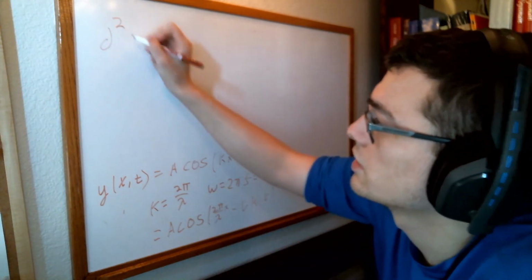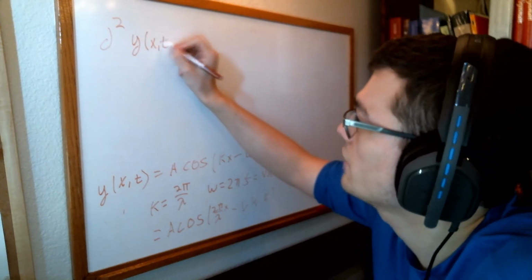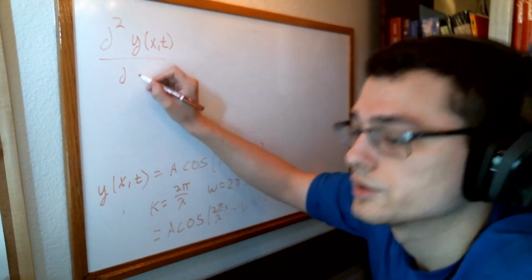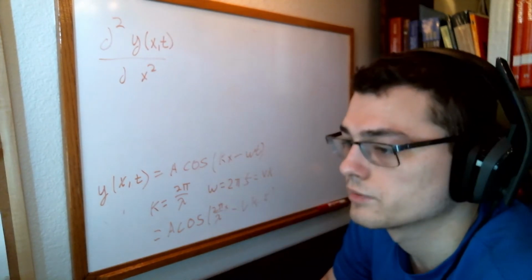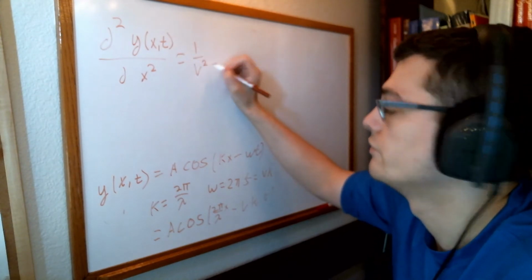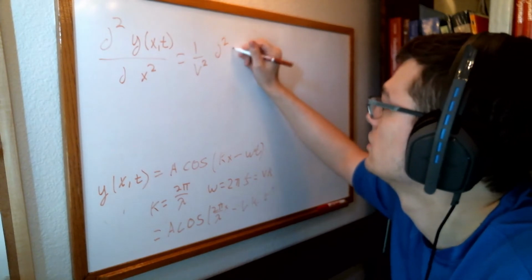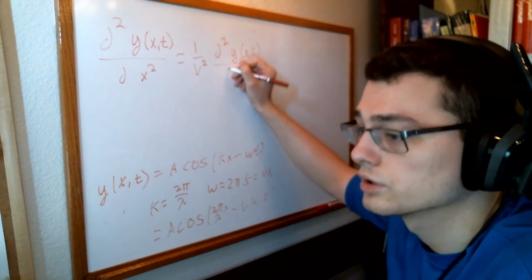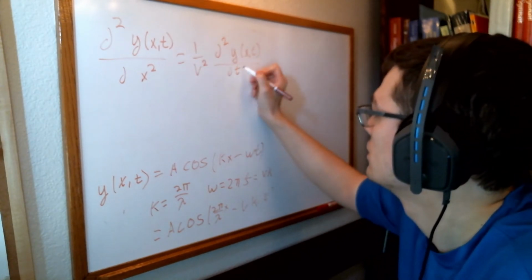If you take the second partial derivative of our wave equation, and we have to use partials here because it's a function of two different things, the second derivative with respect to position is going to be equal to 1 over v squared times the second partial of y of x and t with respect to t, the partial of dt squared.